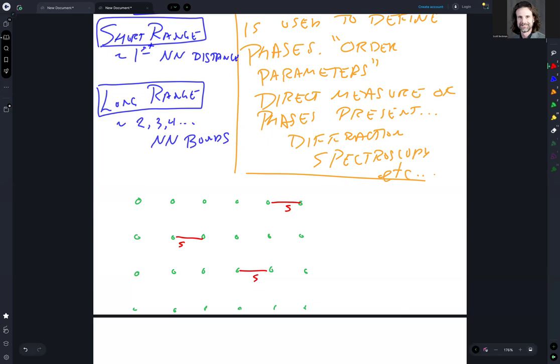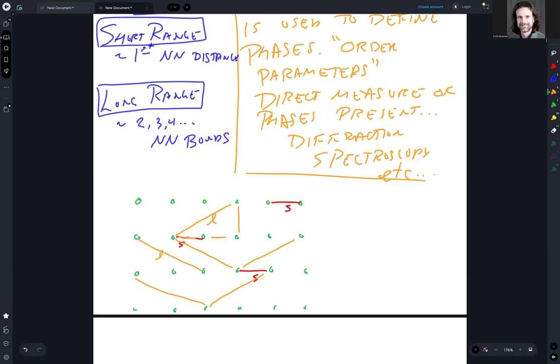But I can also, for example, pick something like that, right? That's a one, two, that's a third nearest neighbor type interaction. And I can see the same thing here. I can see the same here, here, here, here. I have these long range orders. And I can even go further.